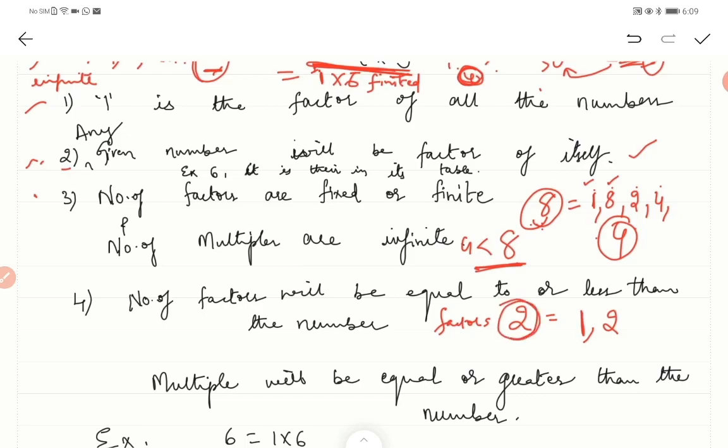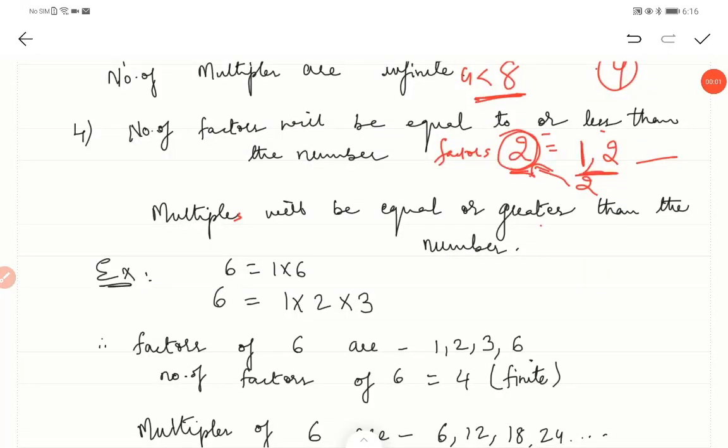So here the number of factors is equal to the number. Every time the factors will be equal to or less than the number. It can't be greater, because you can't have more factors for 2 than 1 and 2.